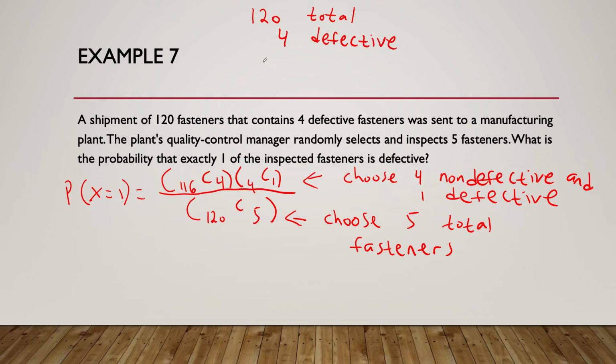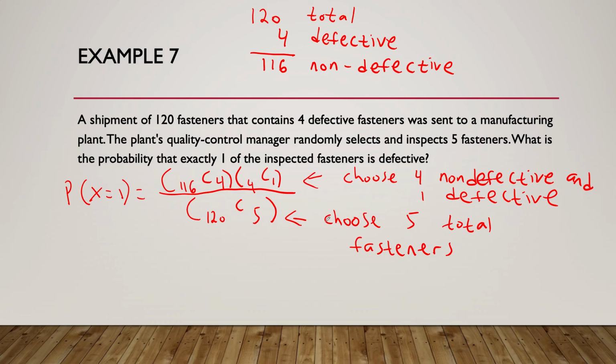Subtracting these 2 will give us a total of 116 non-defective fasteners. From those 116 non-defective fasteners, we want to choose 4 of them. And likewise, to choose the 1 defective, there were 4 total defective fasteners. We want to choose 1. So 116 choose 4 times 4 choose 1.